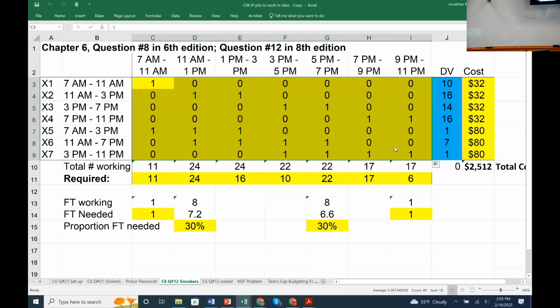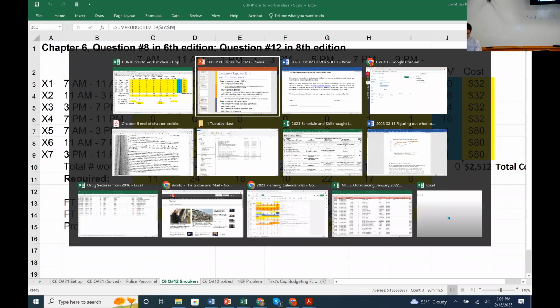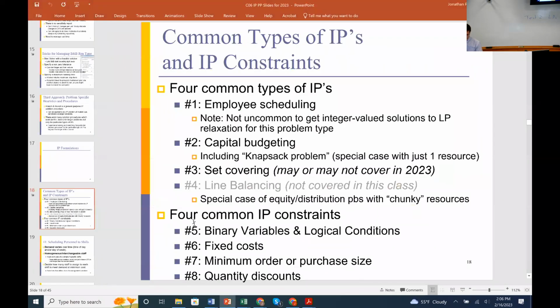The objective function is to minimize cost, and the constraints in the classic problem are just number of people working at any given time greater or equal to the number that you need. When that's all it is, the LP relaxation will often return an integer solution. But when you start to add bells and whistles, like in the Snookers problem, that during the peak times a certain percentage of the workers must be full-time workers, then you need the integrality requirement to avoid having fractional torsos working for you.